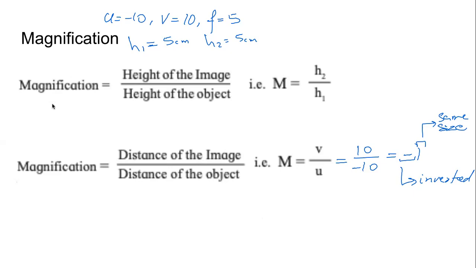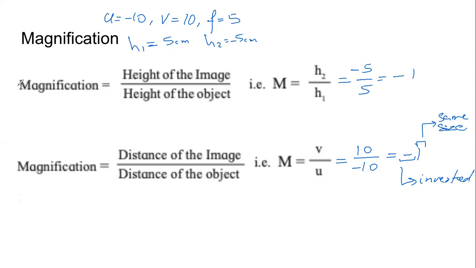Now you tell me. I'm already confusing you intentionally, so be careful. What will we write here? h2 by h1. 5 centimeter by 5. 5 by 5. It will be -5 because we got an inverted image. Yes. And our height is 5. So this is also -1.